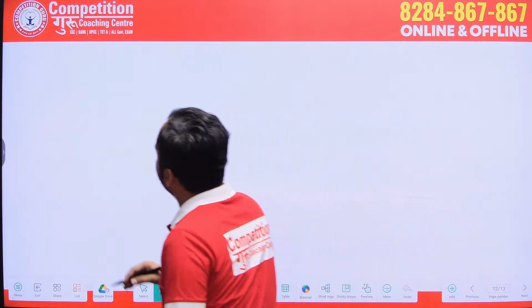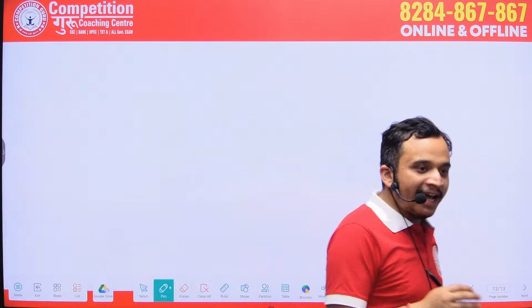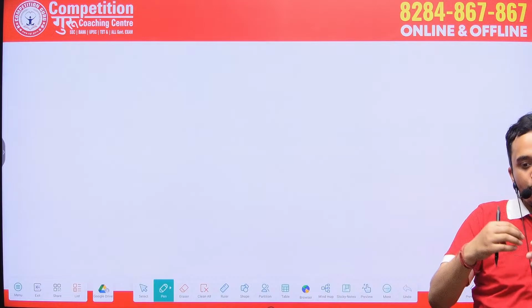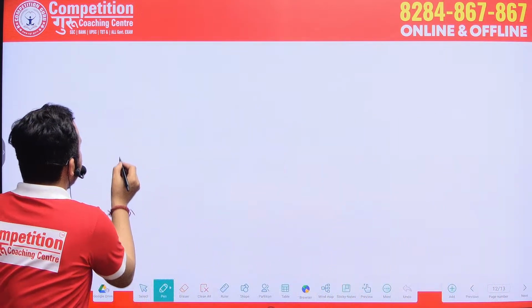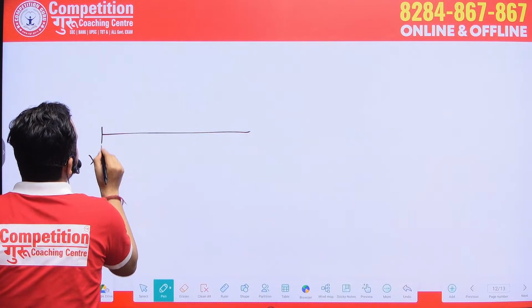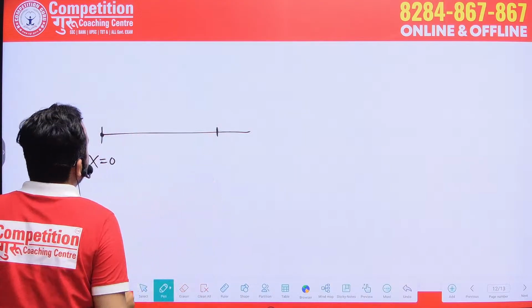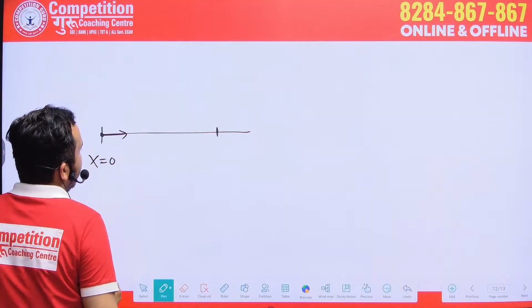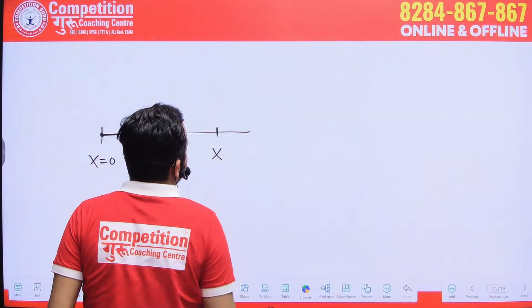As I have discussed before, if I want to know the position of the particle after some time t, for example, here is some particle at x equal to 0, at the origin, and after some time it moves along this line and after time t it reaches this x.